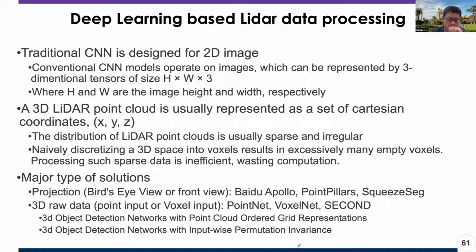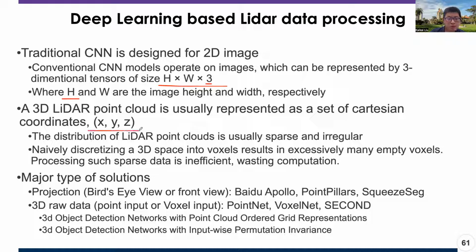But when we compare the data structure, image data usually has H times W times 3, where 3 is the RGB channels, and H and W are the image height and width. So image data is always high density; you have data at every pixel. But LiDAR is different. LiDAR returns results as a point cloud.